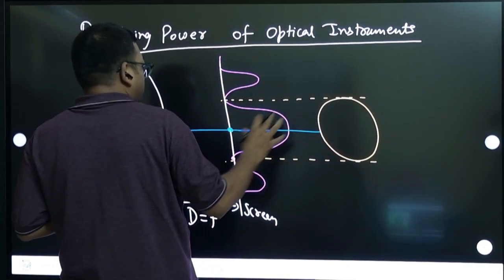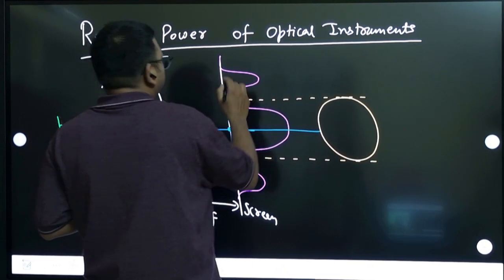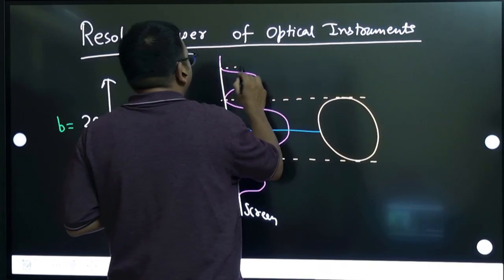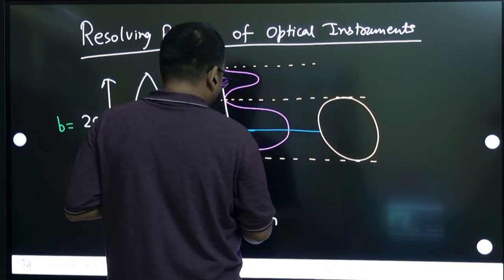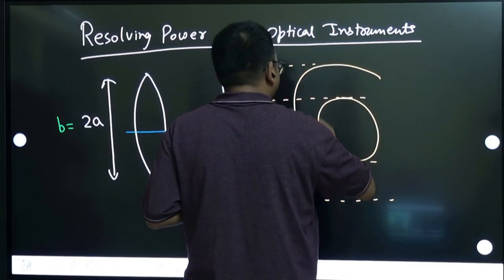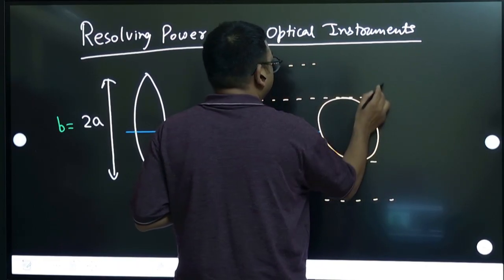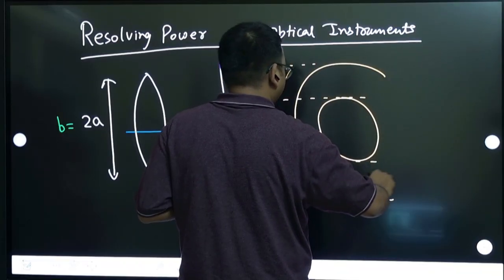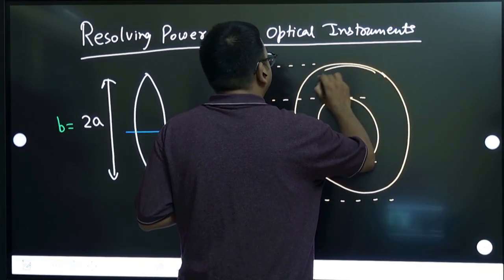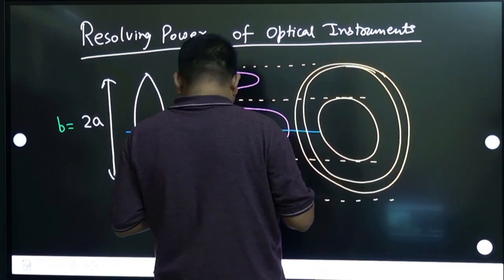If you go for the other minima, you may also find some thin ring-like pattern, some kind of pattern like that.